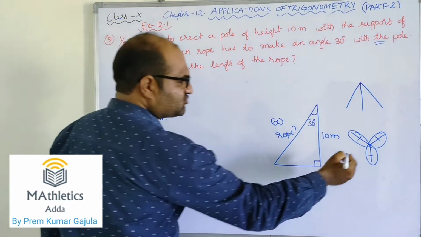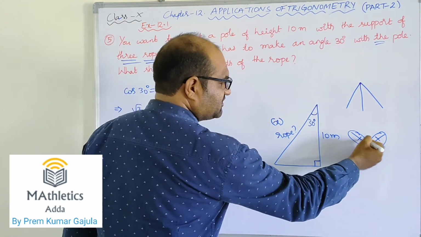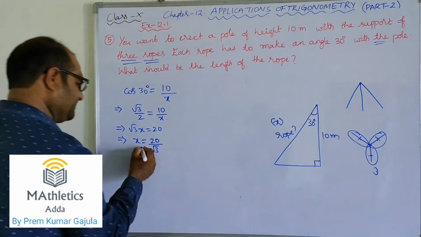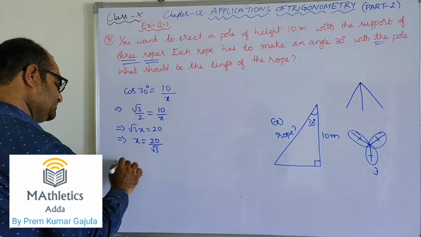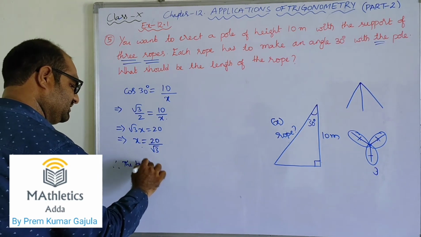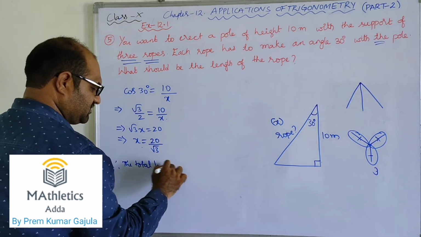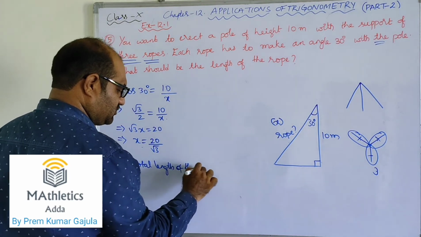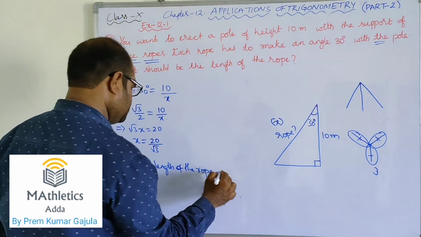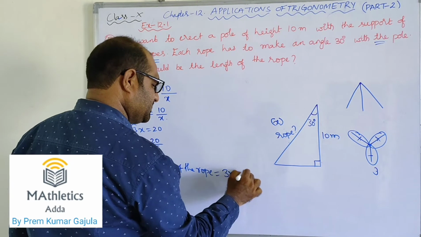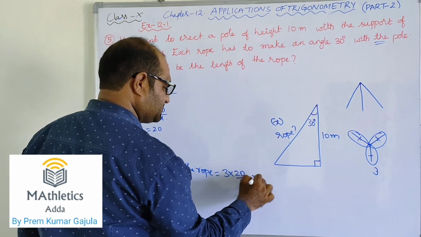But how many such ropes are we using here to erect the pole? 3. So we have to multiply it by 3. Therefore, the total length of the rope is equal to 3 into 20 by root 3 meter.